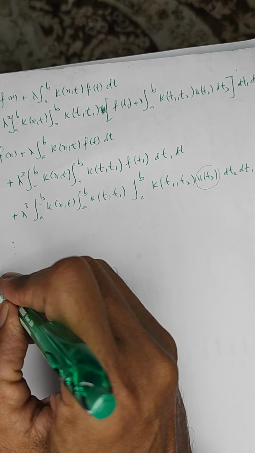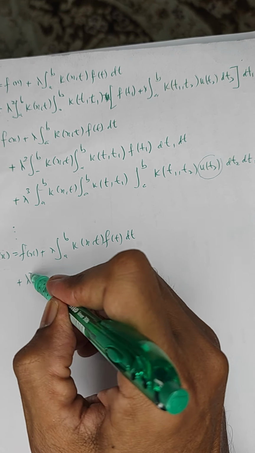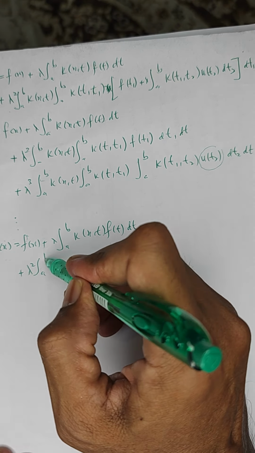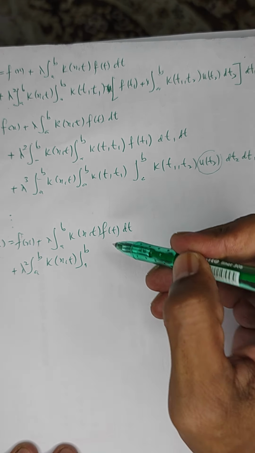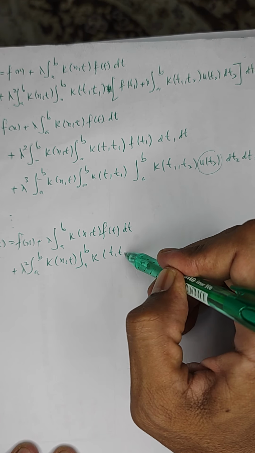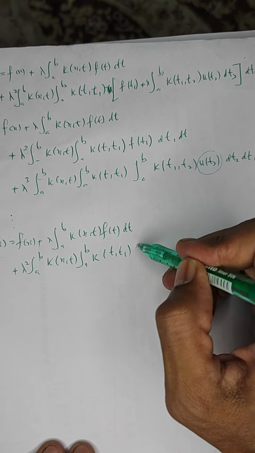If you proceed and then rearrange, we have u(x) equal to f(x) plus lambda integrate a to b k(x,t) f(t) dt, plus lambda squared integrate a to b k(x,t) integrate a to b k(t,t1) f(t1) dt1 dt, plus so on.